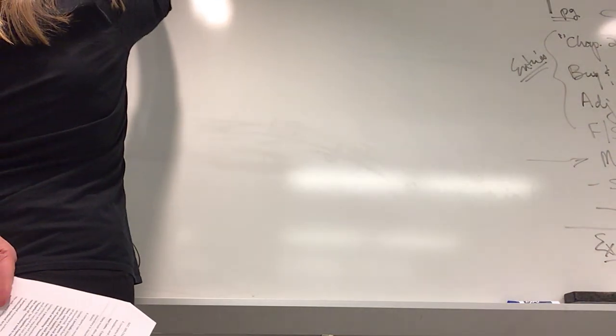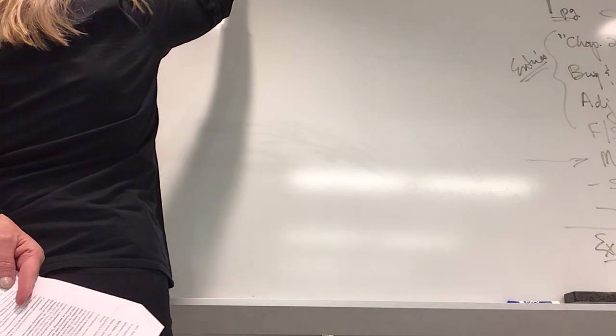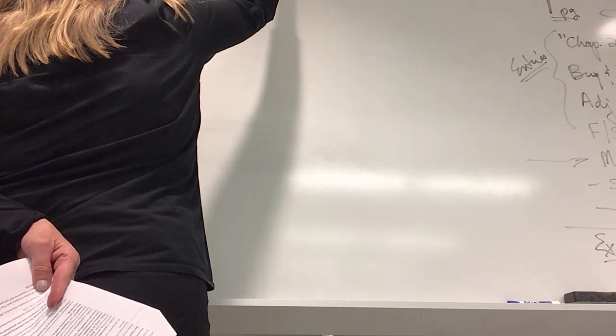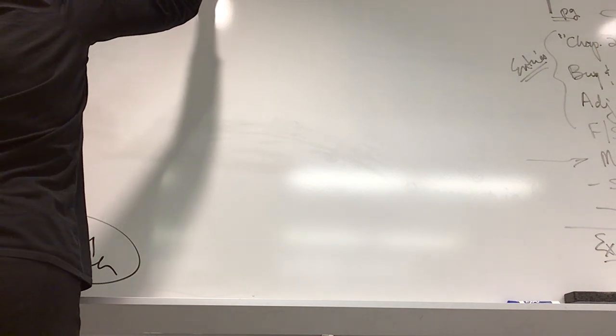Okay, so for the entries on the sales side, entries to sell inventory on the perpetual method.